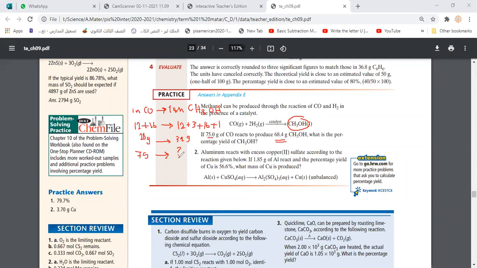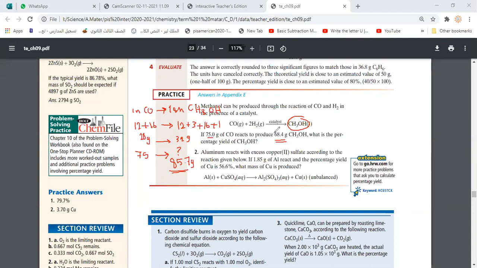But we need to calculate the theoretical one. In a normal situation, 28 gram produces 32. So if I start with 75, I am supposed to get 85.7 gram. So that's what I should get.